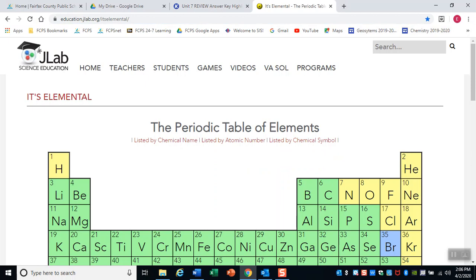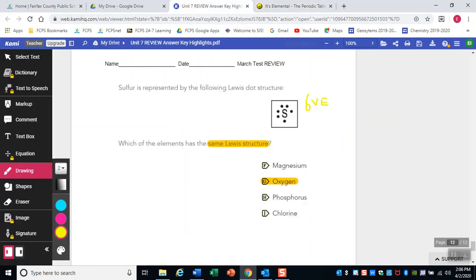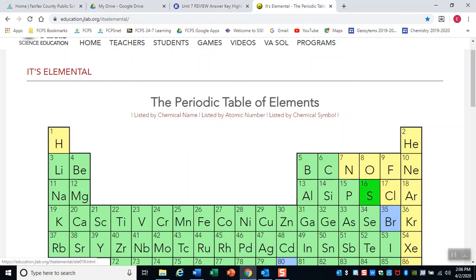Sorry about that. So here's sulfur, with 6 valence electrons. Which of these elements is in the same group? It would be oxygen, right? Here's sulfur, here's oxygen. So they both have 6 valence electrons, 1, 2, 3, 4, 5, 6.